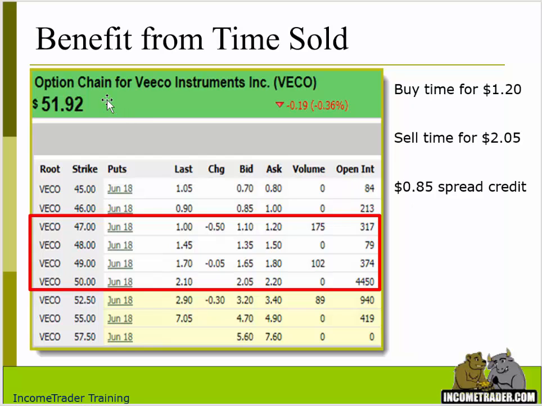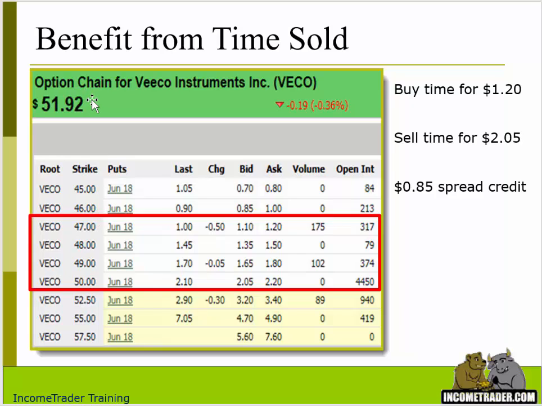We want to allow ourselves the best safety factor and probability of profit here. So we would like to say, if this stock can stay above the price that I sell, then this will not get put to me and I won't have to buy the stock. Ideal situation.